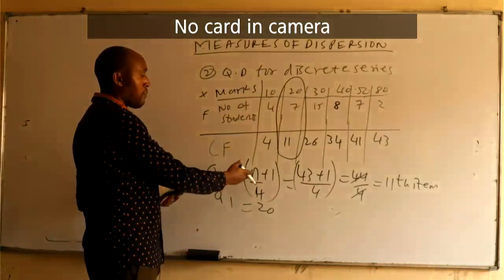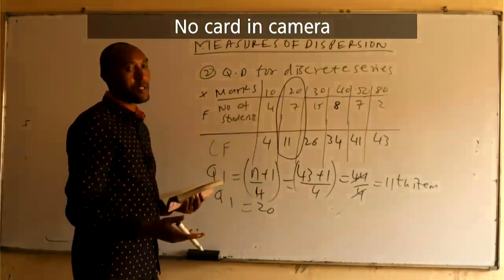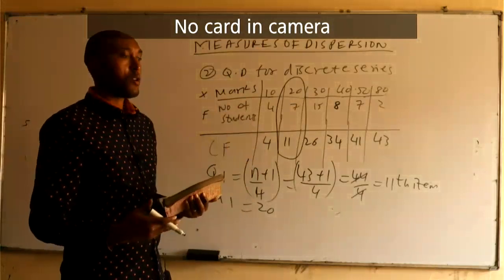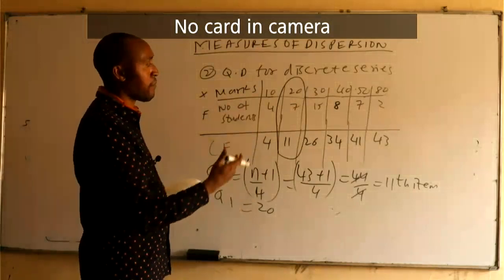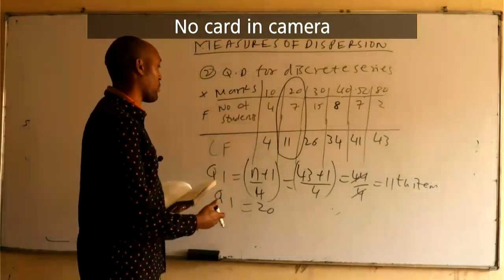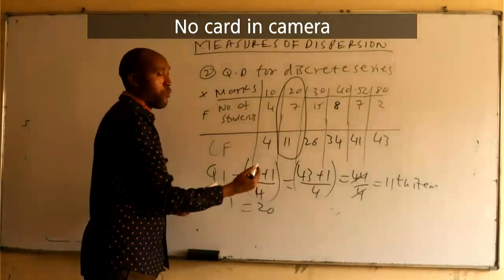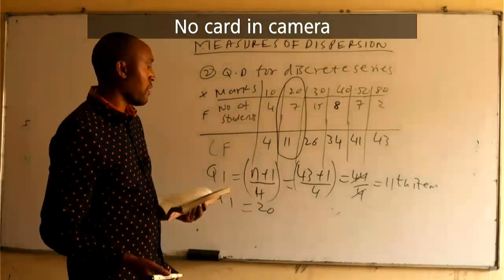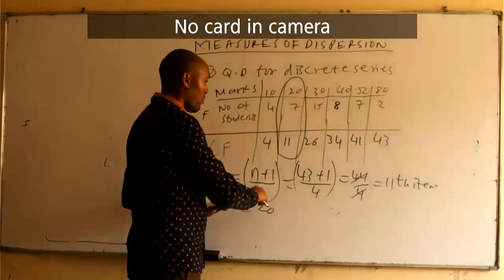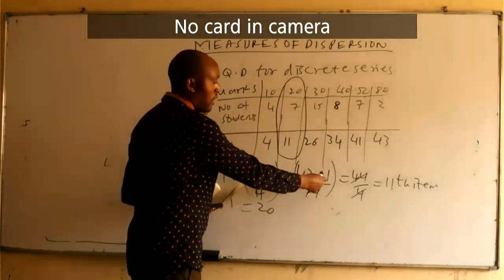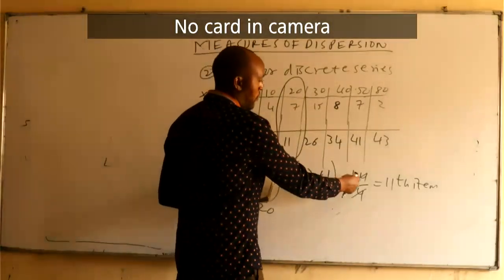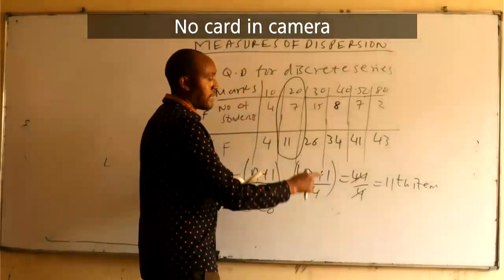So you take n plus 1 over 4, and we have said you only add 1 when you want to get a whole number, especially when the last number is an odd number. So it's not a must to add 1. The formula is n over 4. Then you get 43 plus 1 divided by 4, you get 44 divided by 4, and get the 11th item.